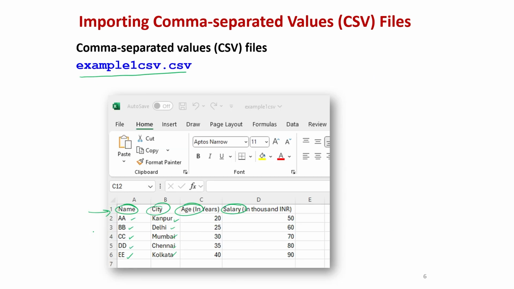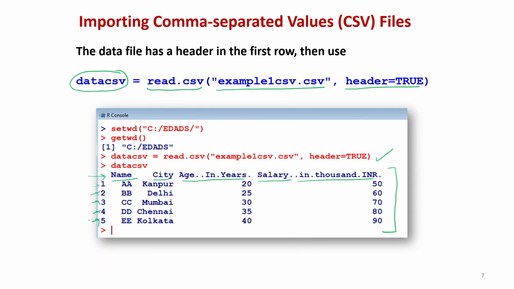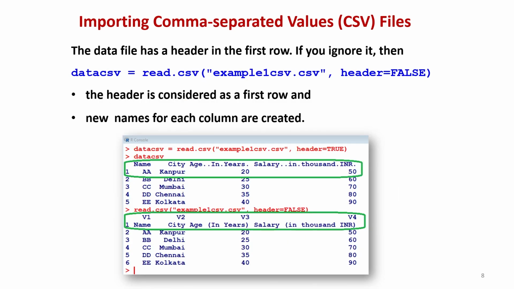Whereas in the file, row number 1 has the header. You can also see the presence of these dots. These dots replace the blank spaces, so you should not worry about them. And these are the same values which you have given in the file.